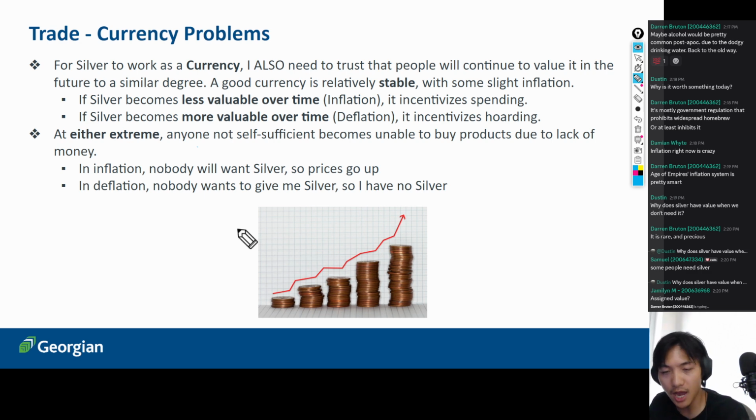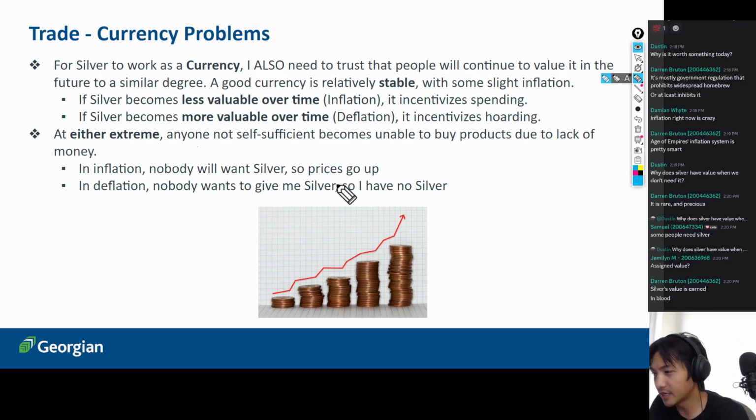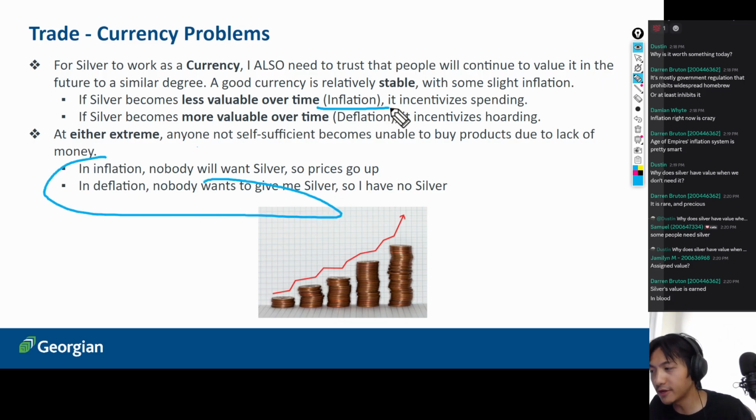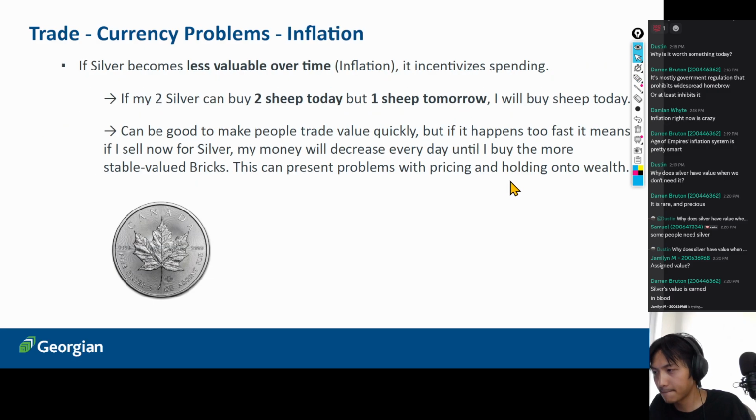In both cases, I don't have money to buy my bricks. So you don't want inflation or deflation. You want a very slight amount of inflation, but you don't want too much of either. So let's explain. Why do I say that?